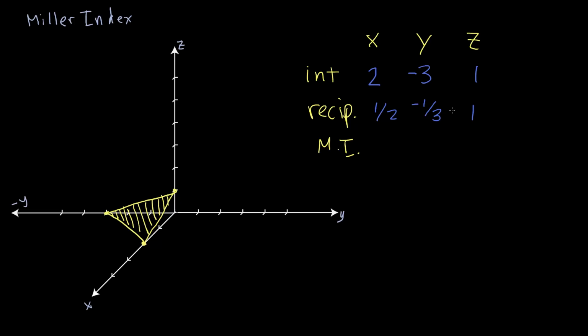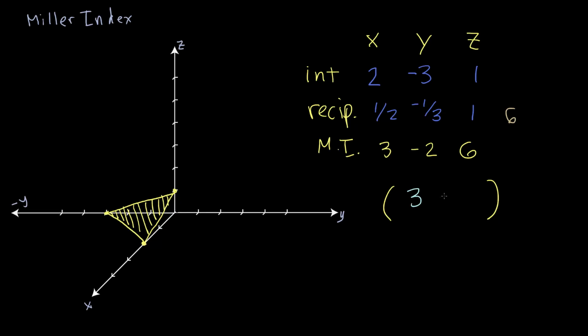And then to clear these fractions again, we can multiply by 6 to get 3, minus 2 and 6. Since this is a Miller index specifying this crystal plane, I will write out the index in parentheses.